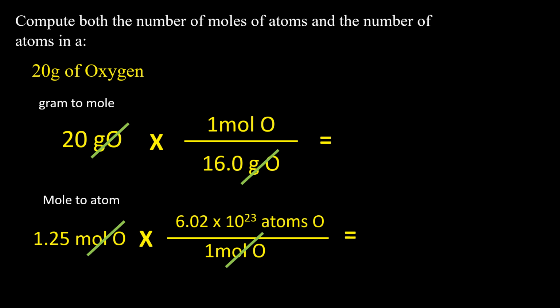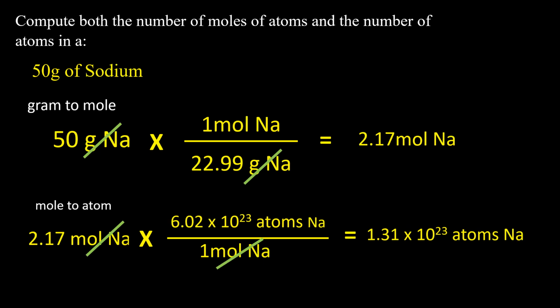For 20 grams of oxygen, we have 1.25 moles and 7.53 times 10 raised to 23 atoms. For the 50 grams of sodium, we have 2.70 mole sodium and 1.31 times 10 raised to 23 atoms.